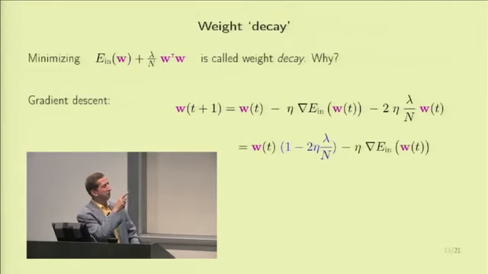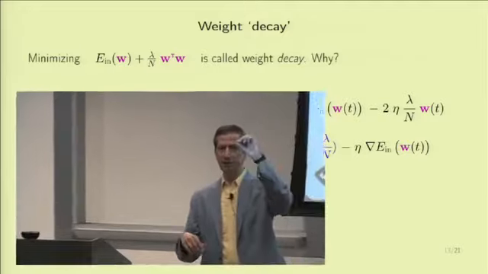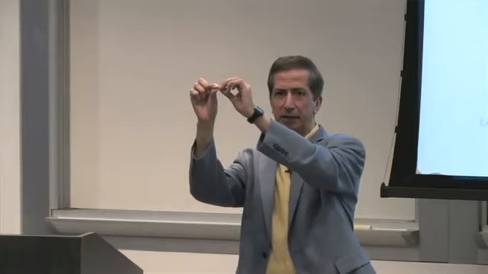So now look at the interpretation of the step here. I am in the weight space, and this is my weight. And here is the direction that backpropagation is suggesting that I move to. It used to be, without regularization, that I'm moving from here to here. Now, before I do that, I am actually going to shrink the weights. Here's the origin.